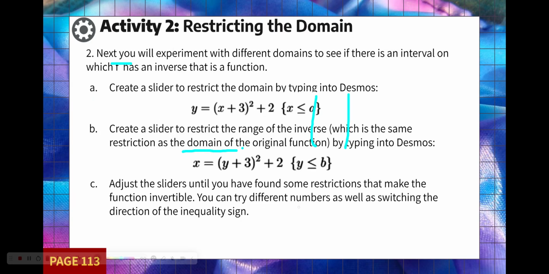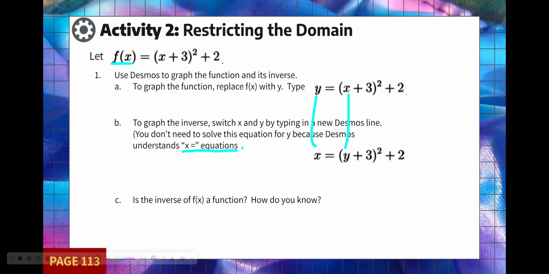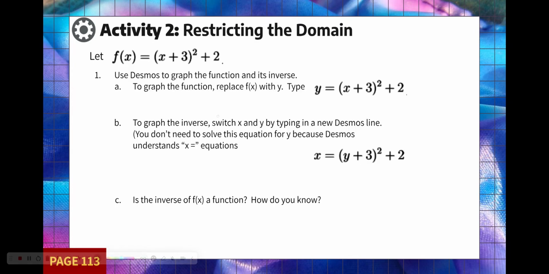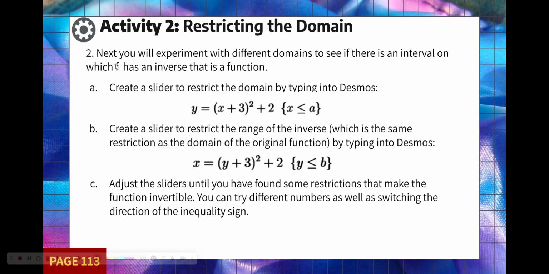Well, we don't know. Now, for you to do that, I'm going to go next. Okay, so this is what we had on our previous slide. Now, to continue, you will experiment with different domains to see if there is an interval on which f has an inverse that is a function.